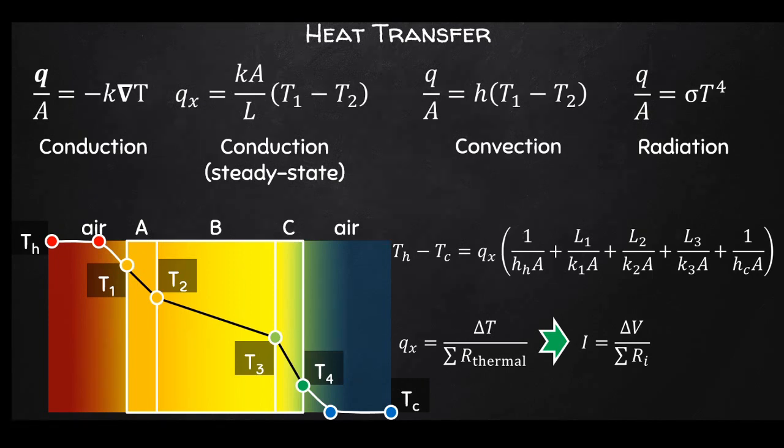The current is reminiscent of heat transfer. The temperature difference is the potential, the driving force for heat transfer to take place, and this is reminiscent of a voltage difference. And lastly, the sum of the resistances is reminiscent of the resistances in an electric circuit.